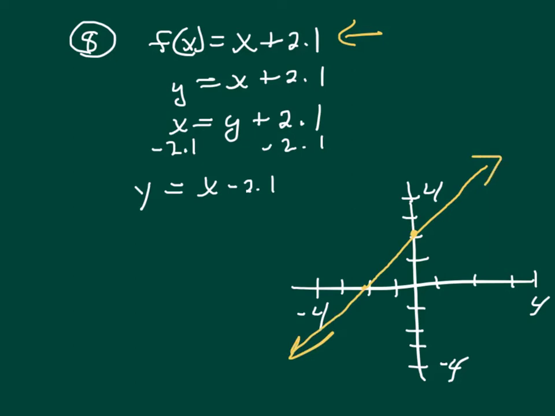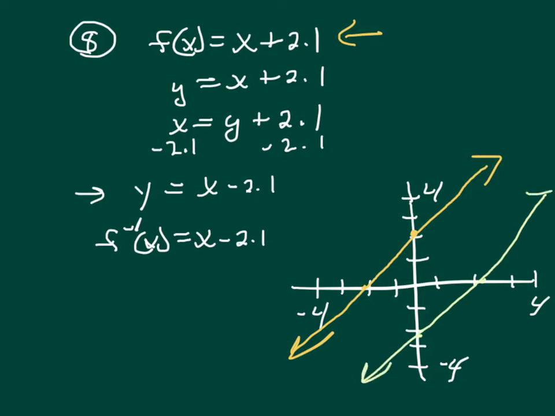Now for the inverse of that, oh, I forgot one little thing. After you solve for y, you have to change y to f inverse of x, so f inverse of x is equal to x minus 2.1. We start here at negative 2.1, go up 1 over 1 and so on, and the graph looks just like this.